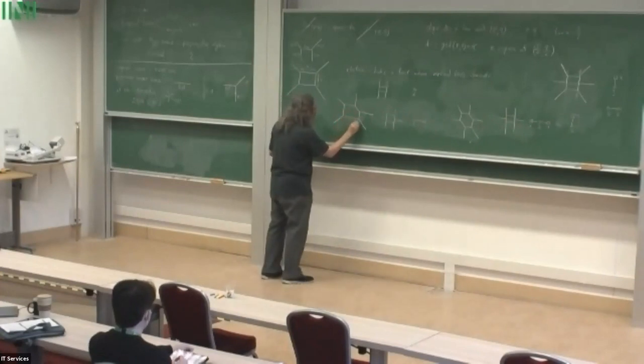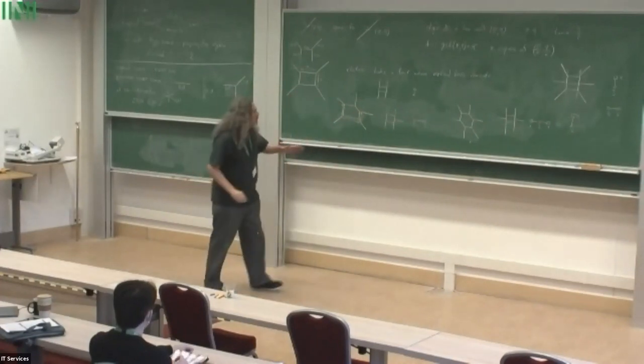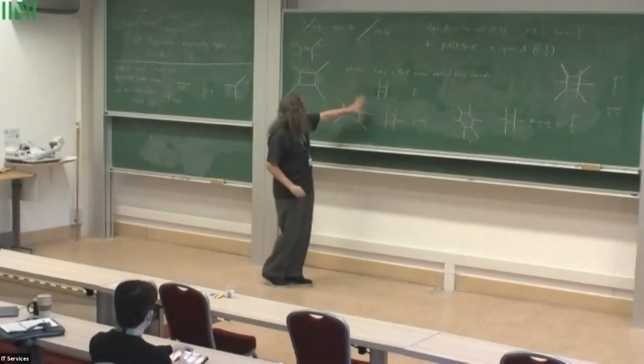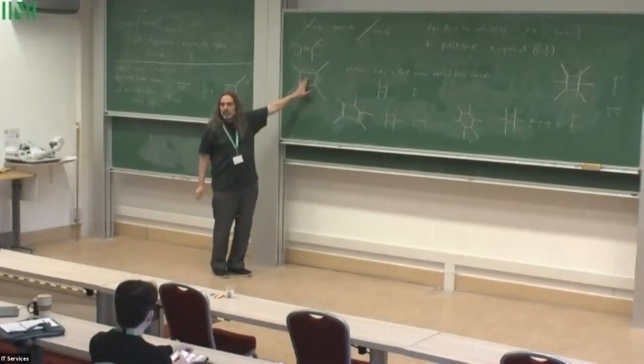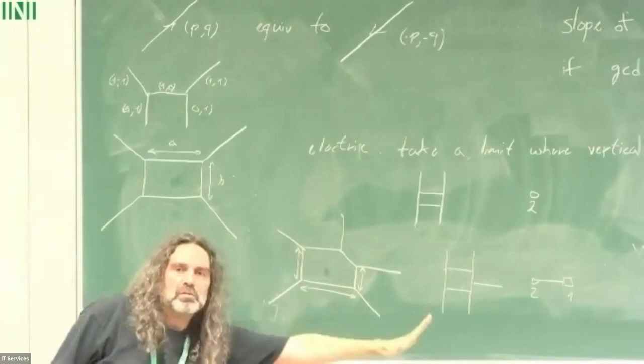I have this, I have this one, and I can take this. So 3 parameters, and I could take limits. For example, I can take this one to infinity, and I will get this as a limit. Or I could do other limits, could send this one to infinity.